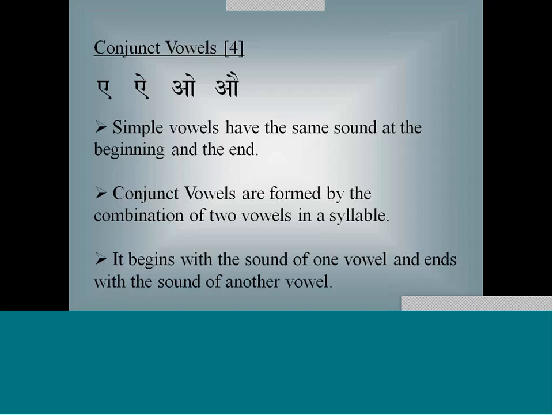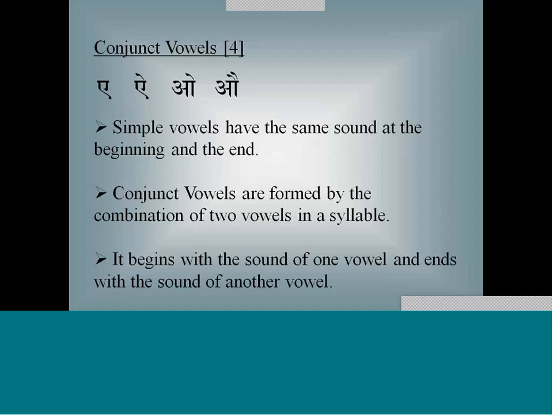It is a mixture of two swaras, a mixture of the sounds of two vowels. And how does it happen? Even when you say A or I, the sound starts from the throat and ends with the palate.